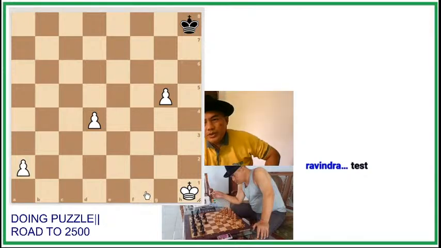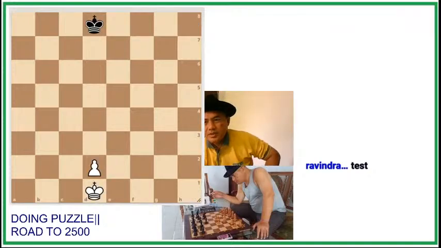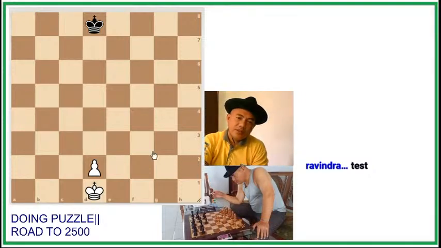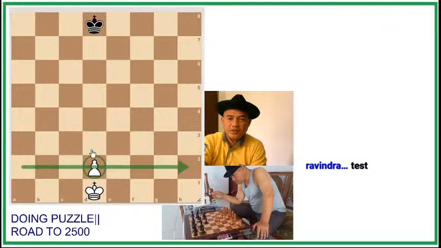And maybe we go to the next example. In this position, you can identify the key square. When the pawn is on the second rank, the key square is here.